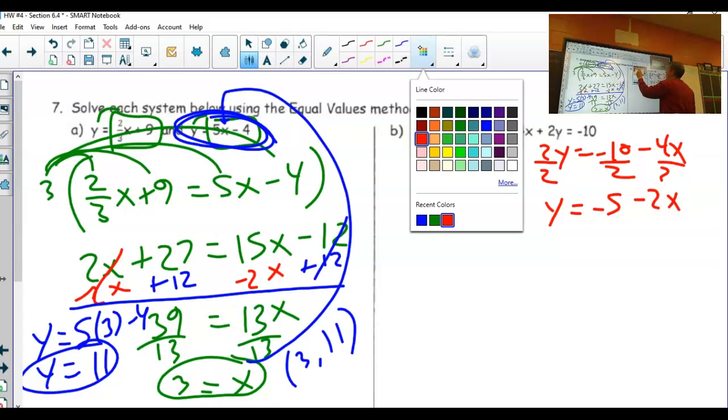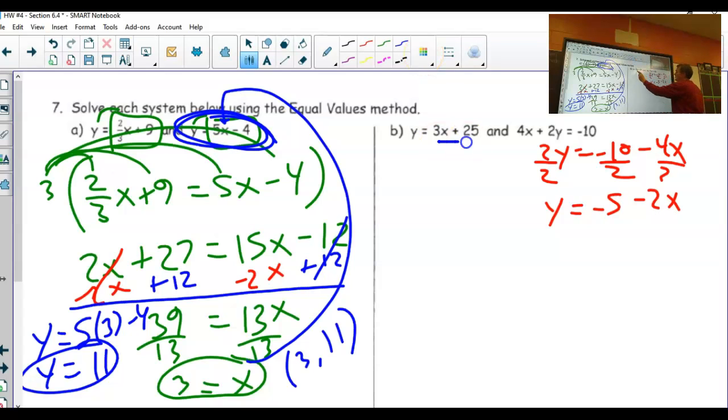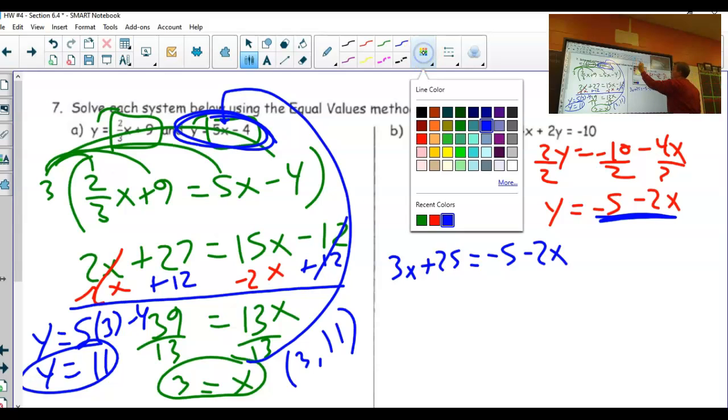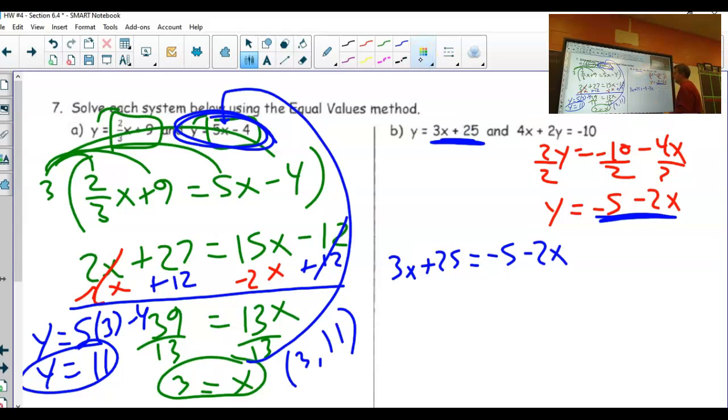And now I can use the equal values method. Both of those things are equal to y. So I can say that 3x plus 25 equals negative 5 minus 2x. And to solve this, I'm going to add 2x to both sides, so the x's are on the same side of the problem.